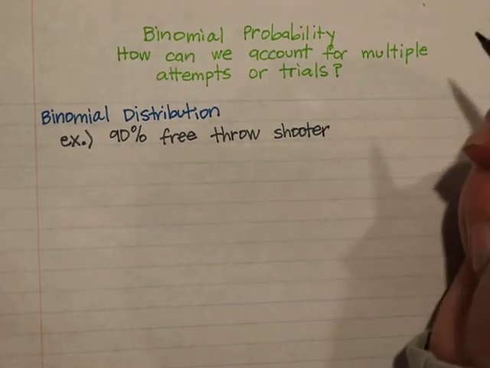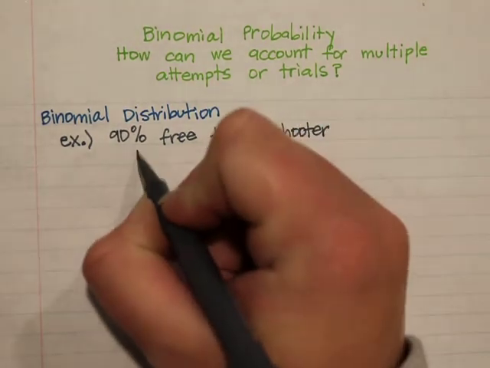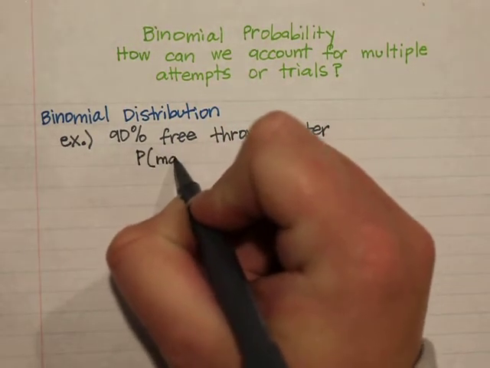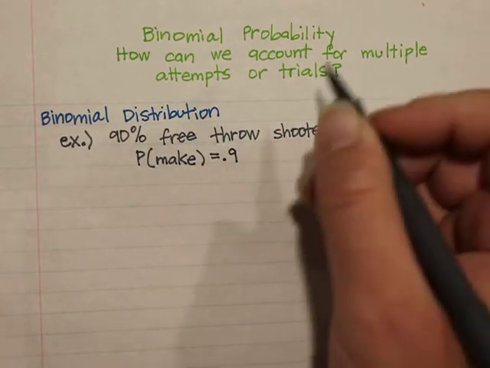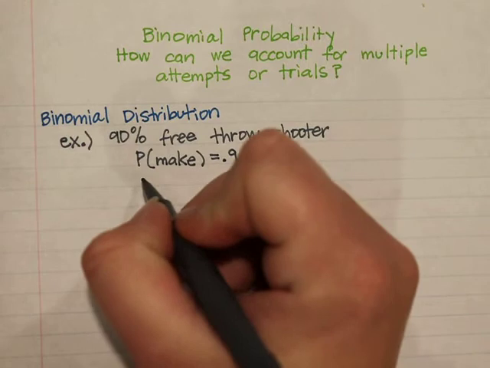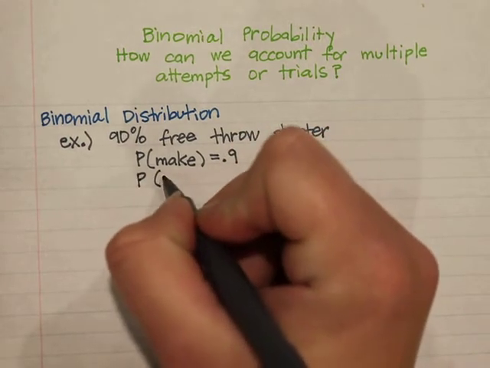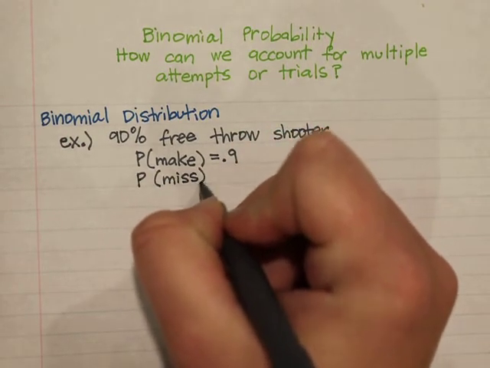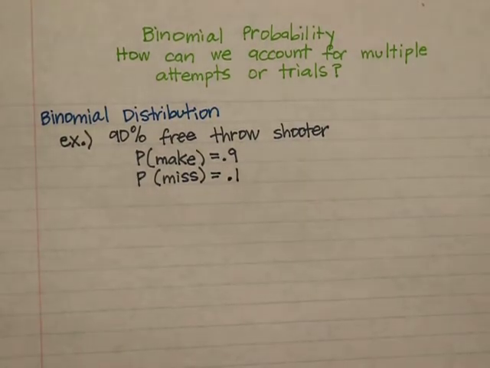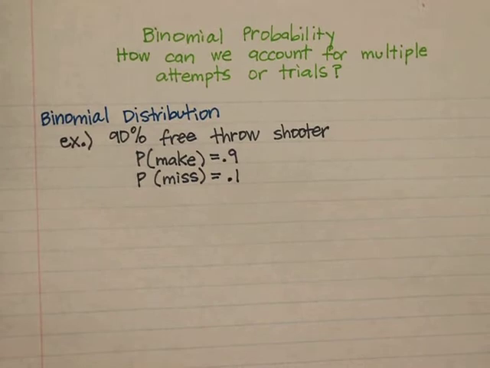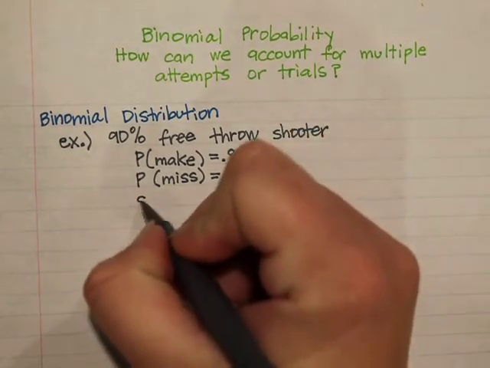Okay, which means that his probability of a make is 0.9. And his probability of a miss is 0.1. Okay? And we're going to send him to the line. He's going to shoot 20 free throws.